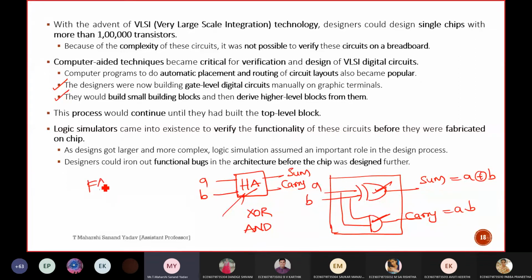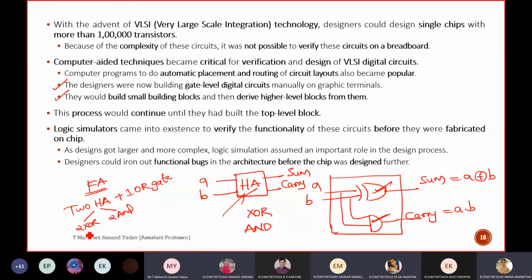Suppose I want a full adder, how many gates are needed? A full adder is 2 half adders plus one OR gate. In 2 half adders, how many gates are needed? 2 XOR gates and 2 AND gates.